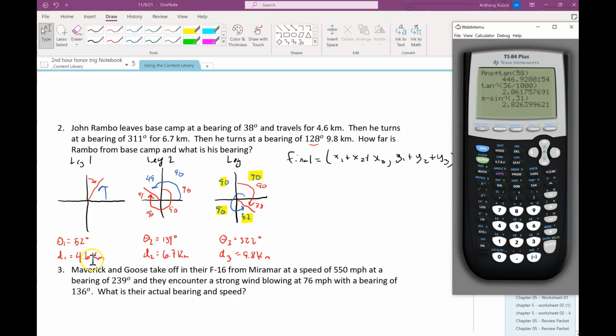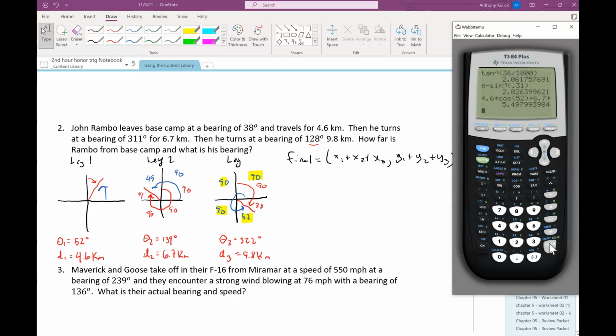So my x1 is going to be the distance times cosine of my standard position angle. My x2 is going to be the distance times the cosine of that standard position angle. And my x3 is going to be the distance times the cosine of that standard position angle.